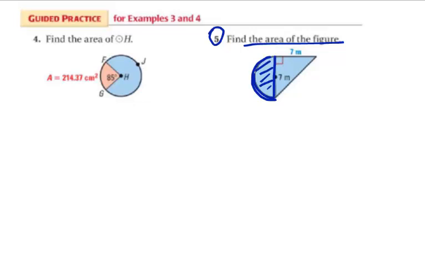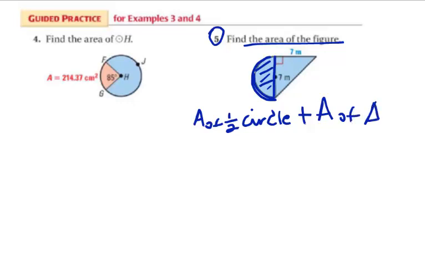And so the first thing I'm going to look at is the area of half the circle, and then to that I'm going to add the area of the triangle. So I'm going to put the symbol in for a triangle. So the area of half a circle.